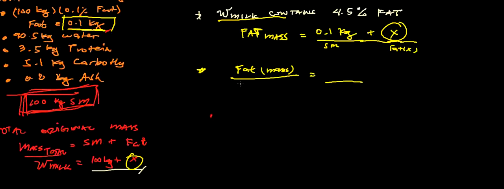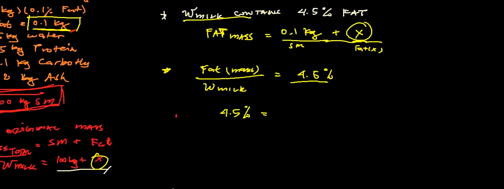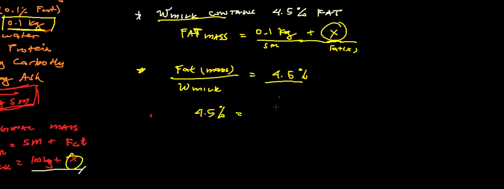This is our whole milk, and this is 4.5%, right? Or we can write this as 4.5% fat is the ratio of the initial mass of fat to the total mass.